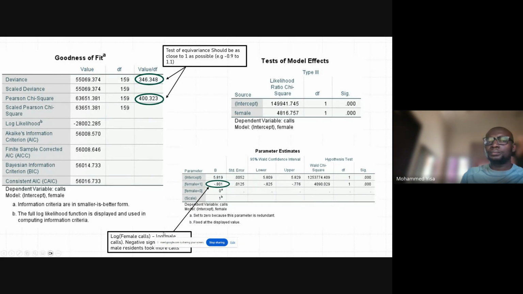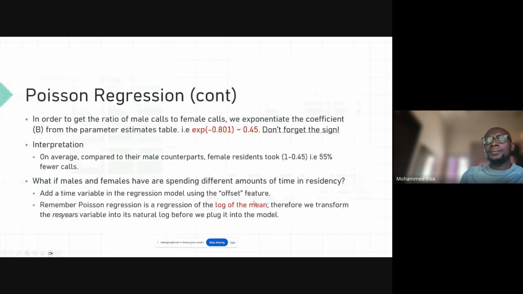Log of female calls minus male calls, and that's why you have a negative sign. And then here is the explanation. So when you exponentiate this minus 0.801, you get 0.45. Because this is less than 1, we subtract it from 1, and then we get 55%. So on average, compared to their male counterparts, female residents took 55% fewer calls. Okay.